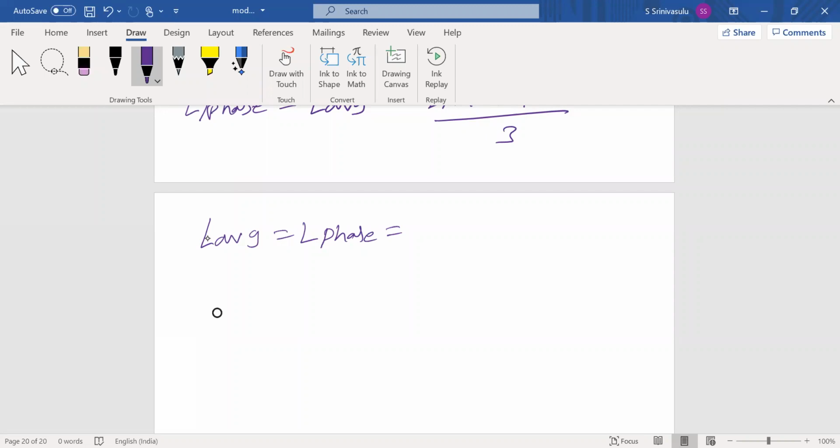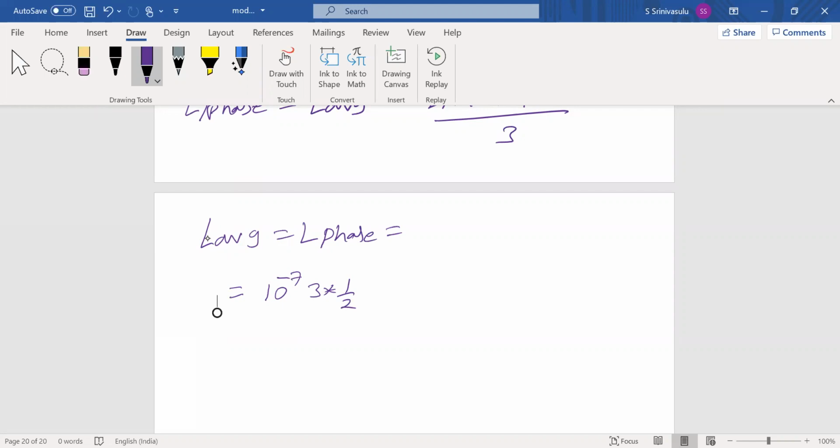If you write this, I am writing here. 10 power minus 7 is common after adding. That is 3 into 1 by 2 will come. There is a constant term.